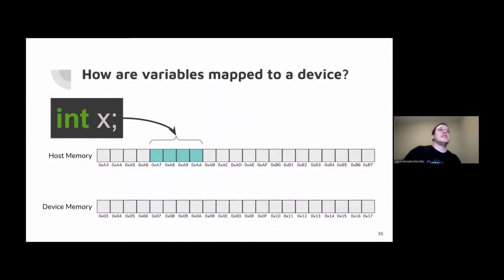Okay. So in this case, when we are mapping something like an integer of type X, and we have the host memory here in the top part, right? Notice that the addresses in the host memory are different to the addresses in the device memory.